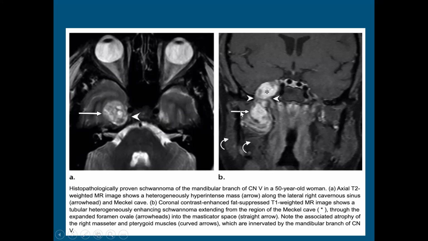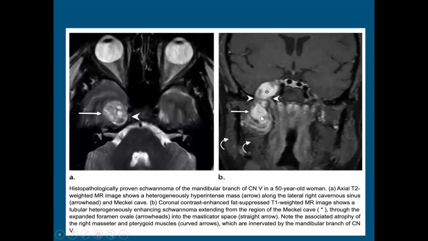In the coronal contrast image, we can see this heterogeneously enhancing lesion. This portion of the lesion is adjacent to the Meckel's cave and the cavernous sinus, and inferiorly, you can see it extending across the foramen ovale, which is expanded, and we can see the lesion spanning across it.